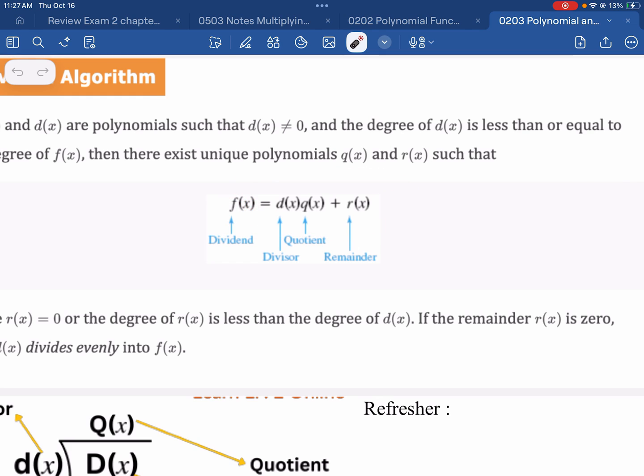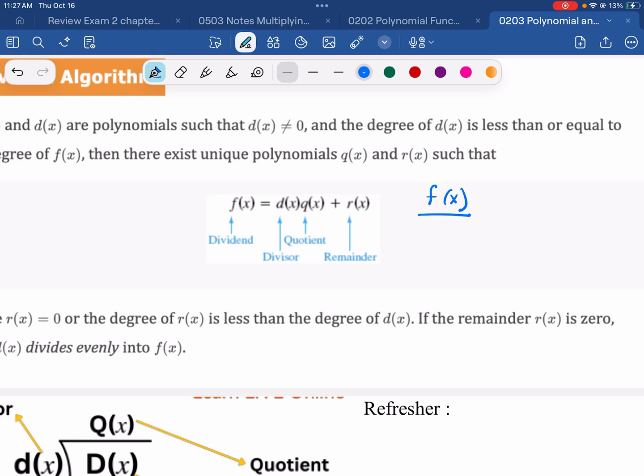Okay, how we look at this is we have f of x over what we're dividing by, our divisor, d of x. That equals our quotient, which is q of x, plus, since we're dividing this whole thing by d of x, your remainder, r of x, over your divisor.